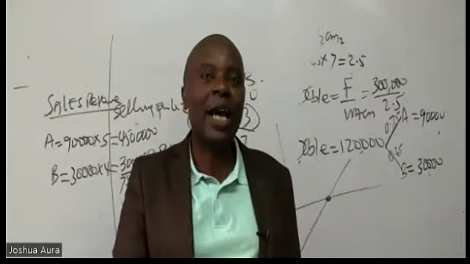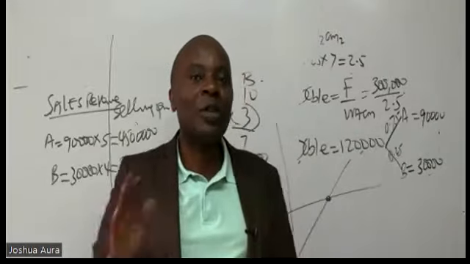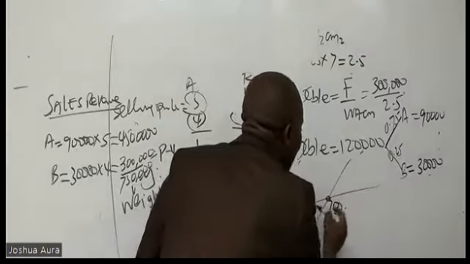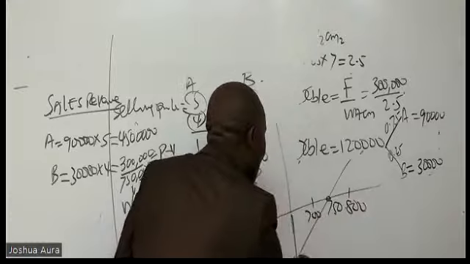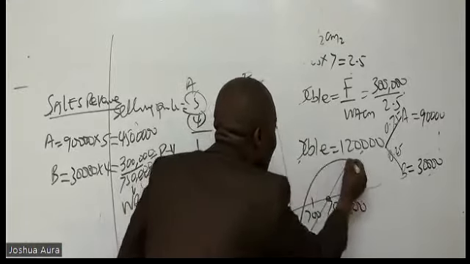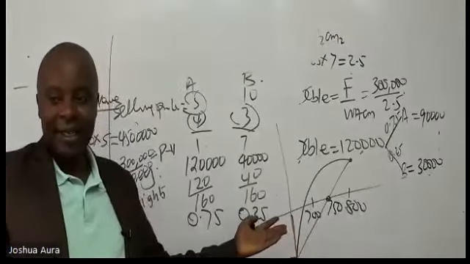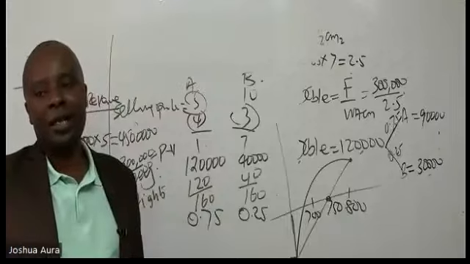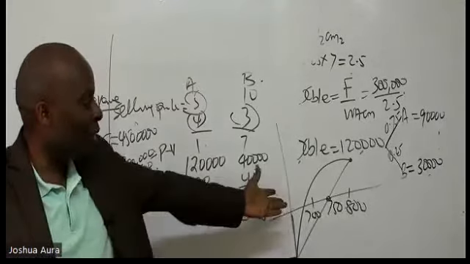I've seen students who are very bright. They know that sometimes some of these examiners don't even look at what happens. So if they're not able to draw at all, a student comes and puts 750, 700, here we have 800, and then draws a graph like this, and this student may end up getting all the marks. Instead of leaving a question blank, you are better off doing something like this.